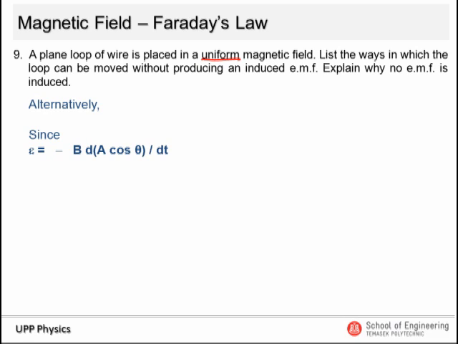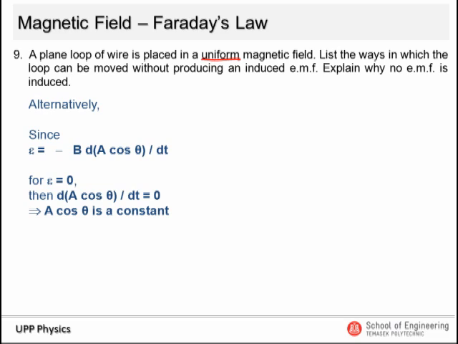It is mentioned in the question that the plane loop of wire is placed in a uniform magnetic field. Therefore, the constant B can be taken out of the differential operator. Now, we want the induced EMF epsilon to be 0. Then, the differentiation of A cosine theta with respect to time must be equal to 0. And that will imply the product A cosine theta is a constant.